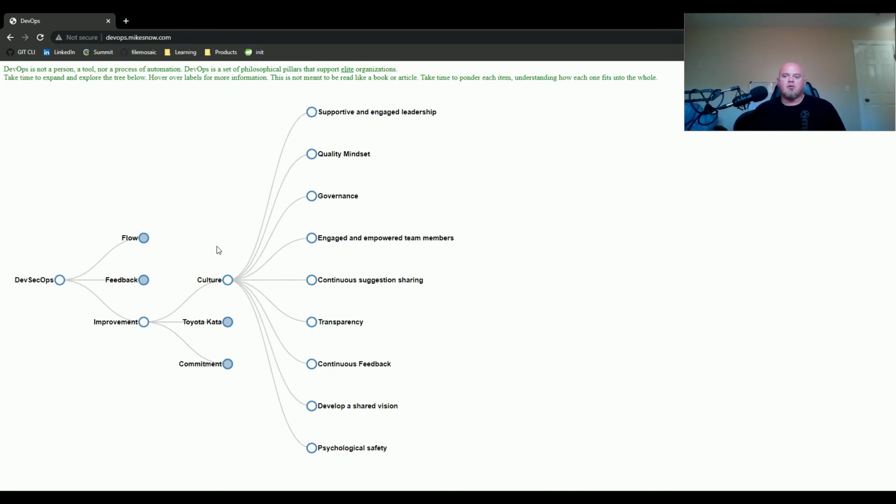So it's really hypercritical that if you're pursuing DevOps and the idea of being an elite organization, you have supportive and engaged leadership. They really have to be bought in and supportive of pursuing these things, even though on the surface they may seem counterintuitive.